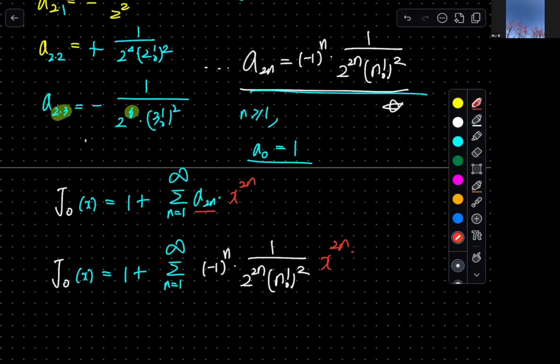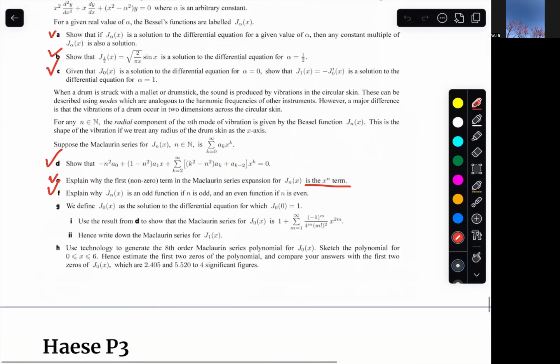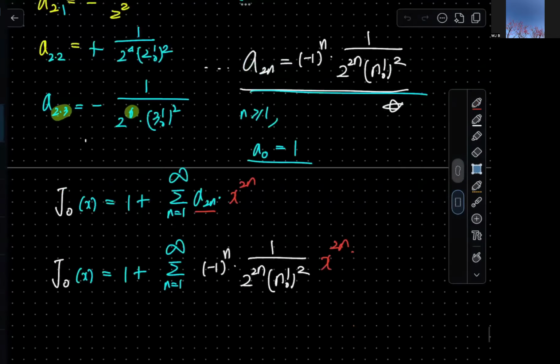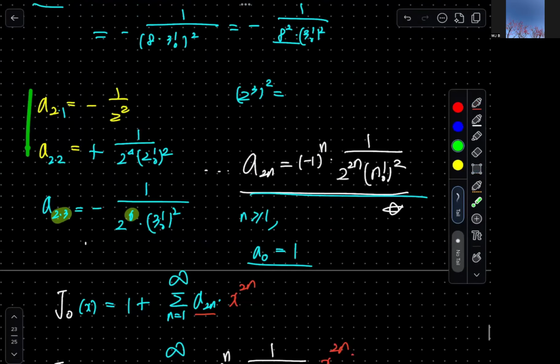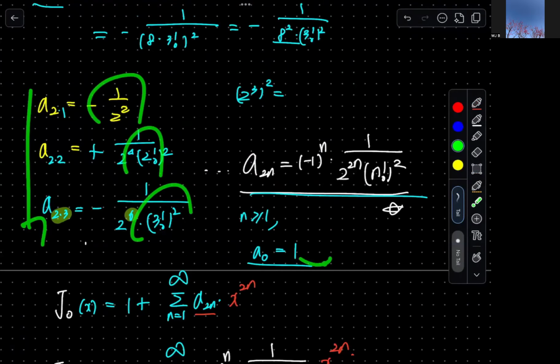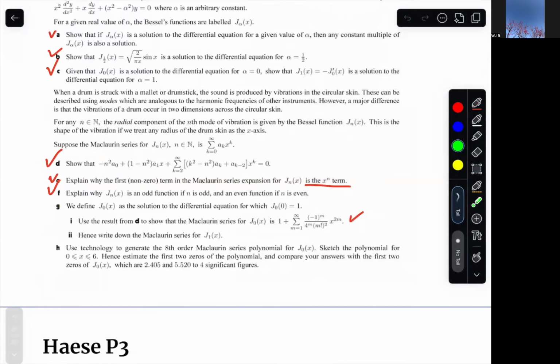And that will be the particular solution of J naught of x using the recurrence relation, converting into the explicit formula. But for that, you should be able to play around with the first few terms and see if we find any pattern. Pattern recognition is the important part of part G.